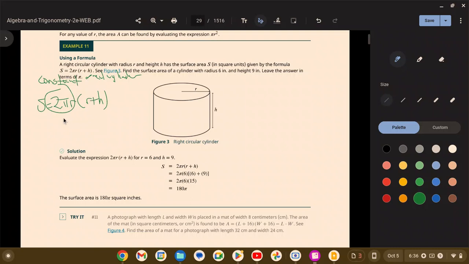So the radius is 6, so evaluated at 6 and 9: 2 pi times (6 plus 9). 15 times 6 is 90, times 2 is 180 pi. Yep.